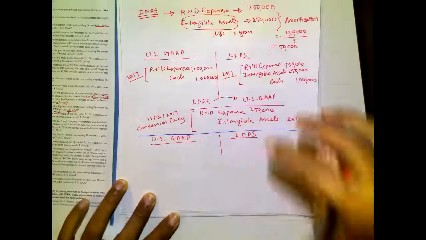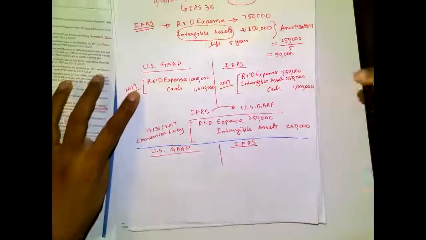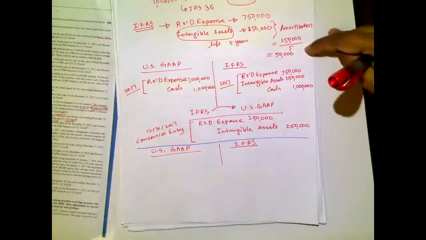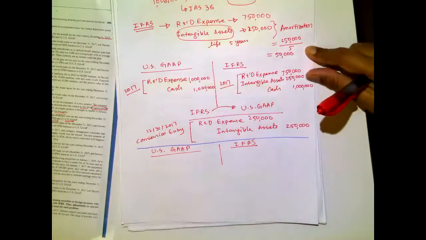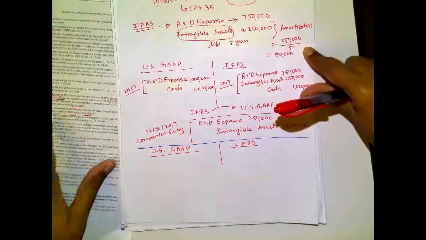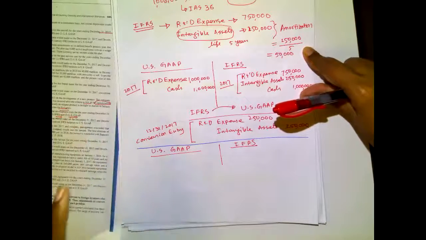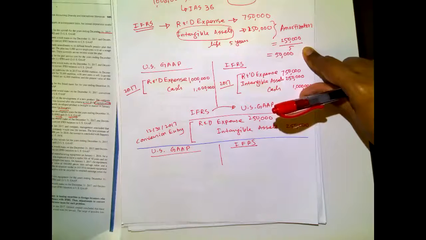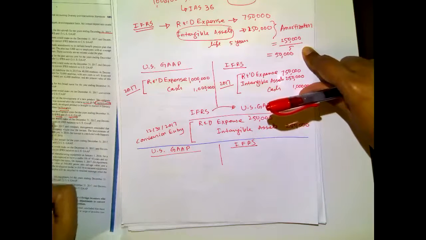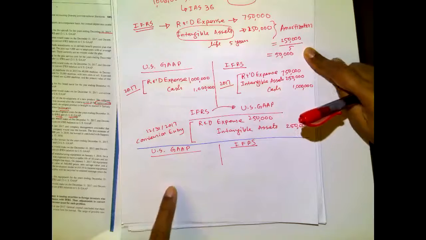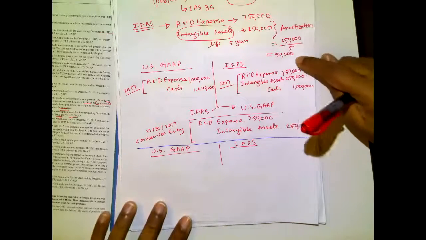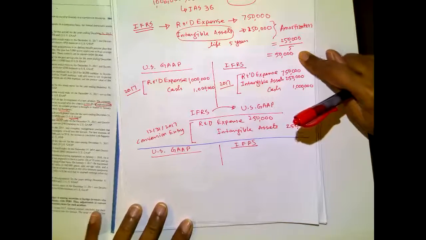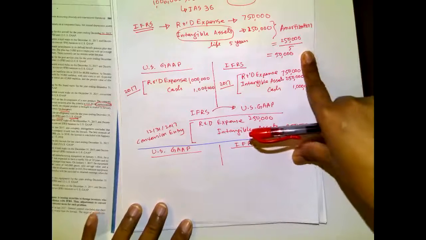Well, they spent the money, they recorded it. But what did the IFRS guys do? They recorded an asset, they know the life, and the information tells you that the product they brought from R&D will go to market in 2018, and that will generate revenue for 5 years. So every year, now you have to record an amortization expense under IFRS.